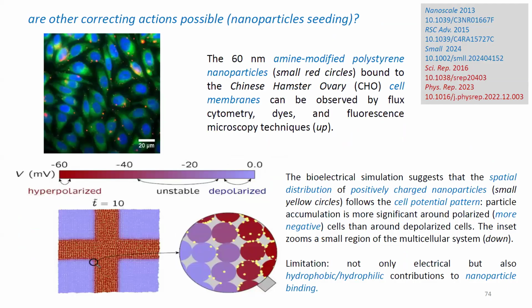Another possibility which has not been explored by us in the model, except for some trivial case, is the possibility of using charged nanoparticles. Many nanoparticles can be nowadays functionalized with, for instance, carboxylic acid groups or amino modified groups.